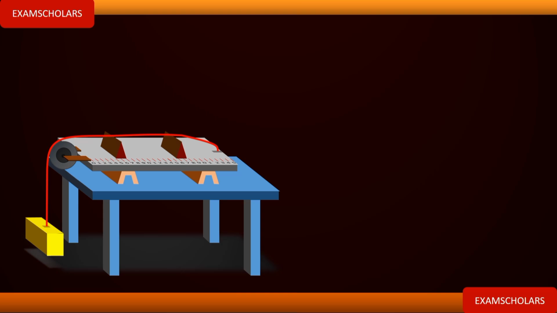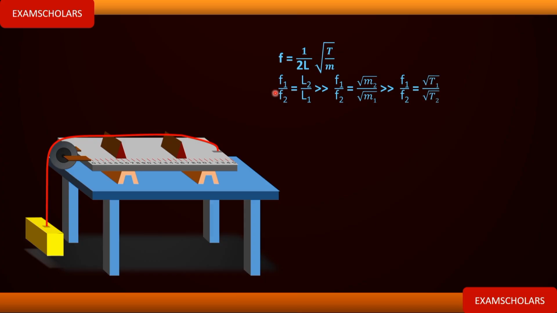Summary of what we have learned using this sonometer. We all know this formula: F is equal to 1 over 2L root T over M. And we can use this formula, coming from this, F1 over F2 is equal to L2 over L1. Please master this formula. The same frequency, F1 over F2, is equal to what?